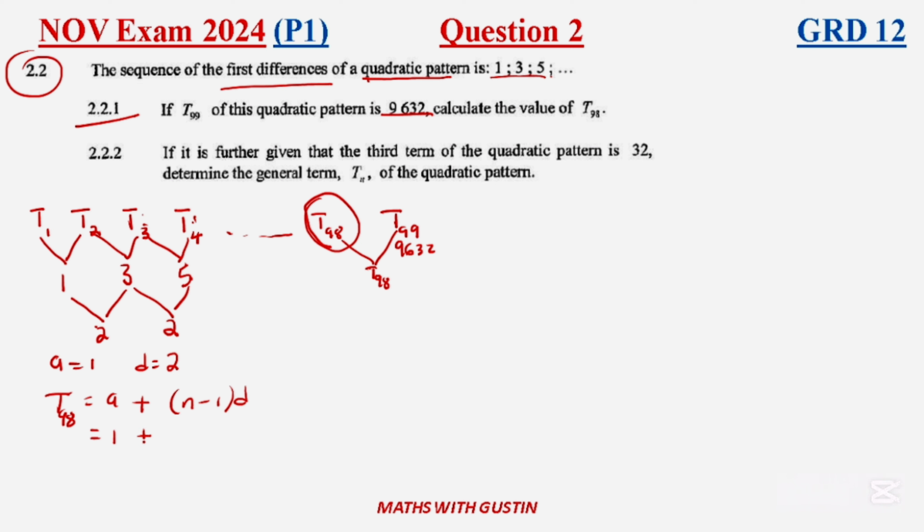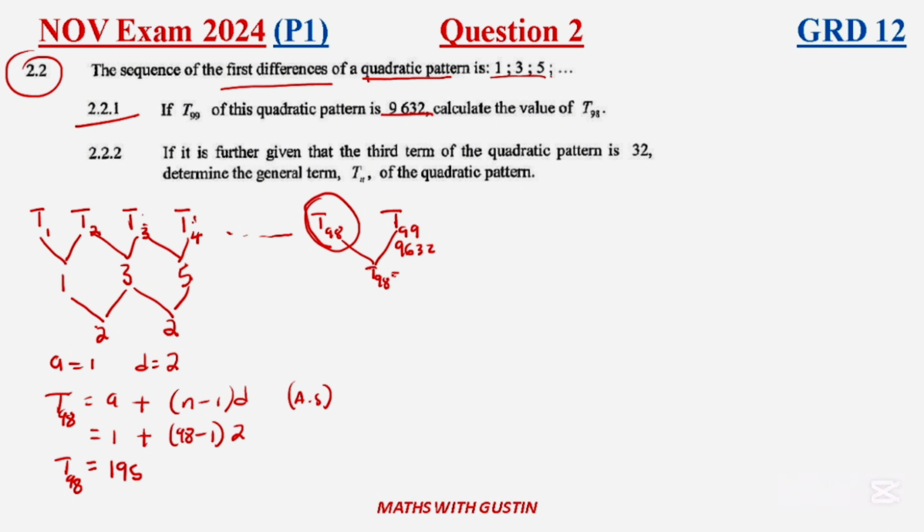First term is 1 and then T98 minus 1 and then d is equal to 2. So therefore T98 of arithmetic sequence. Okay guys, this is for arithmetic sequence, not for quadratic, because for quadratic we have got nothing that is given there. So this will give us, if I put this in my calculator, 195. So it means it is 195 for arithmetic.